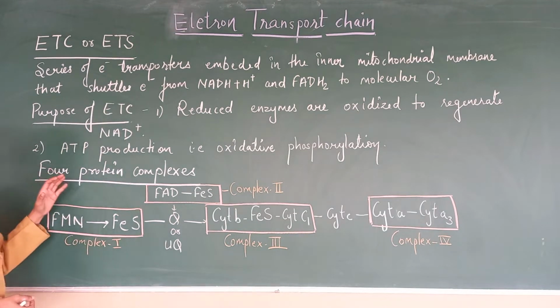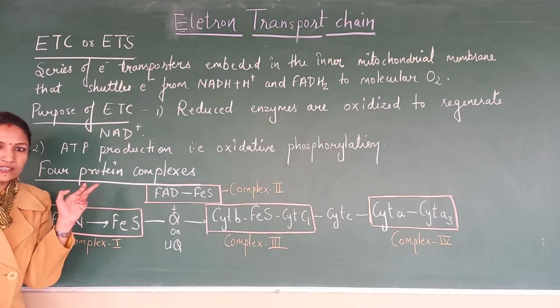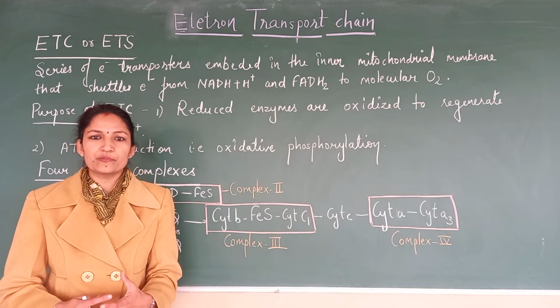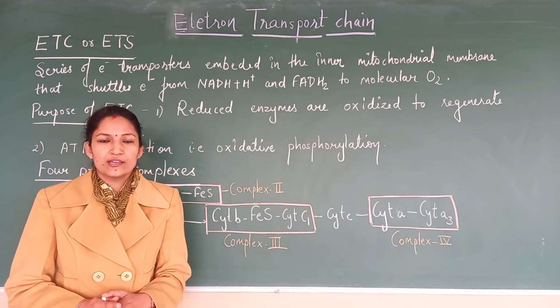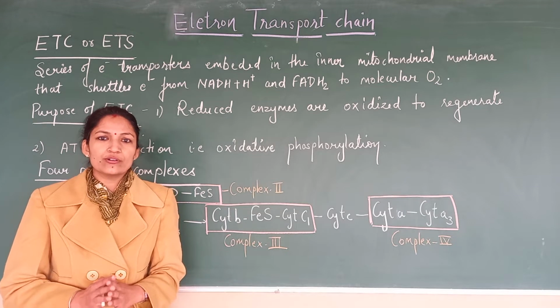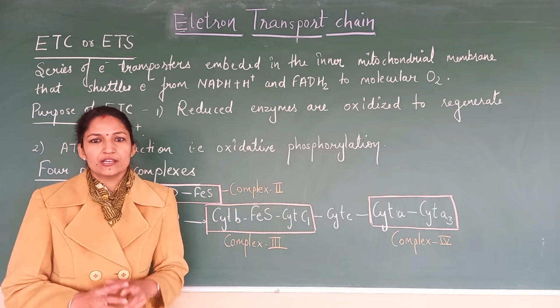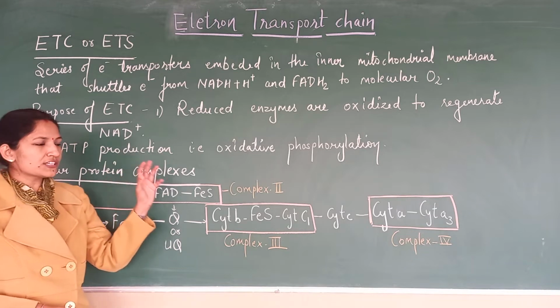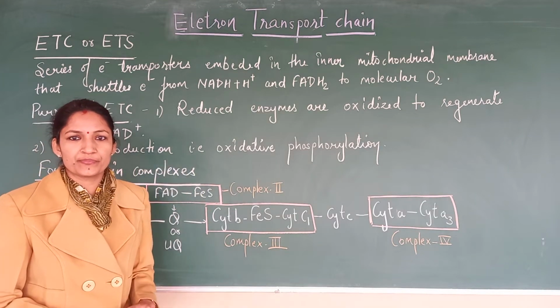The next purpose is to produce the ATP. As we know, the respiration process is carried out for the purpose of yielding energy. So this energy is stored in the form of ATP molecules. This ATP which is produced over here is the result of oxidation.